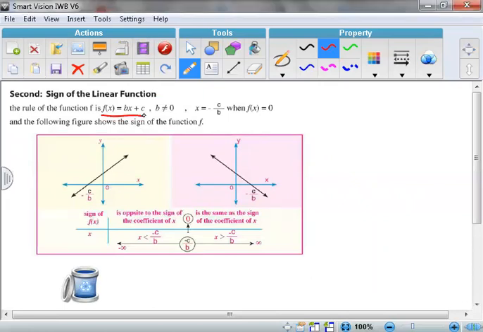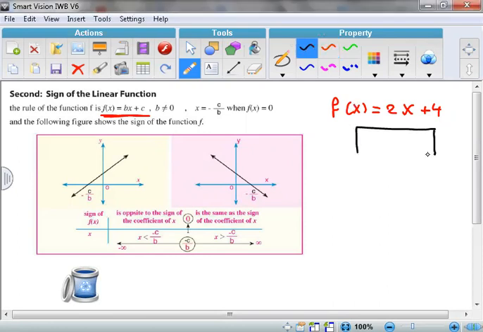Like if we say f of x equals 2x plus 4, and we want to represent this function as a graph, what do we do? We make a table of x and y. If x equals 0, then f of x equals 4.